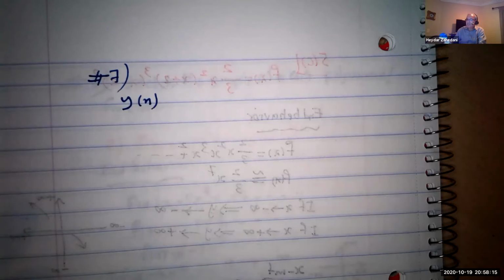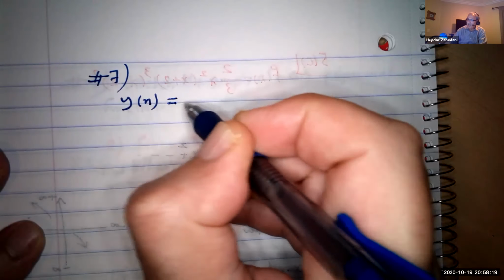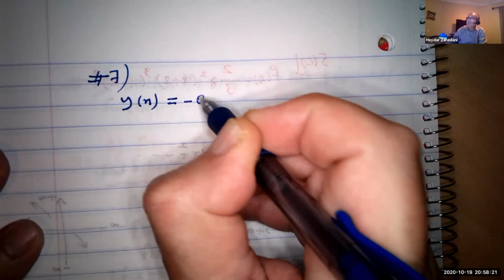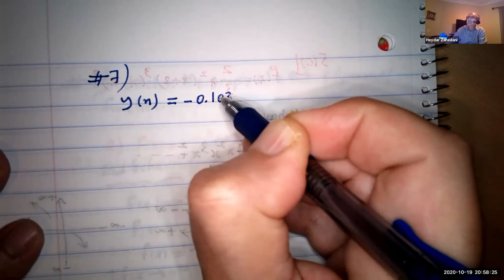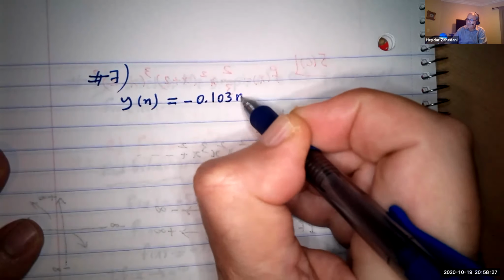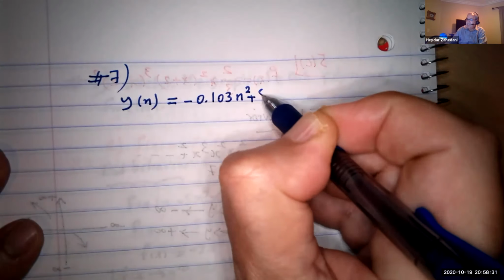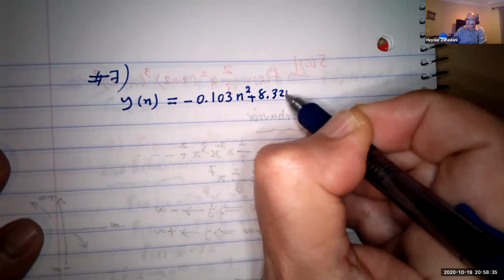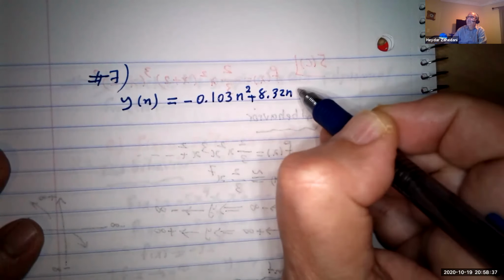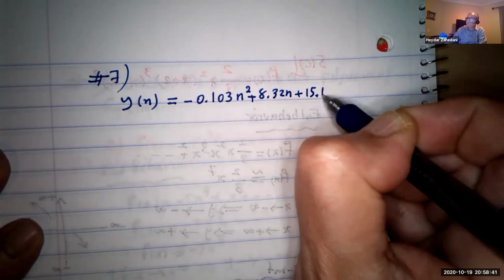So the function is this one. It's going to be a decimal function, so be patient in applying your calculator, getting the result. That would be negative 0.103 n squared plus 8.32n, and plus 15.1.